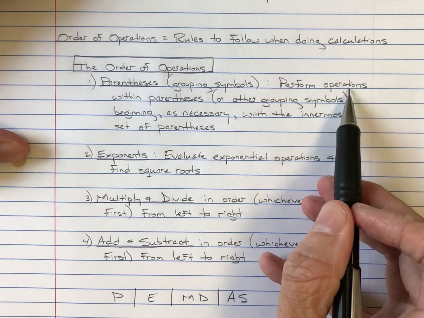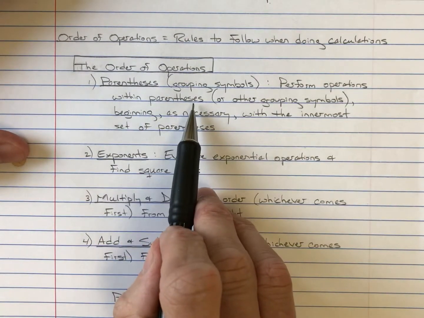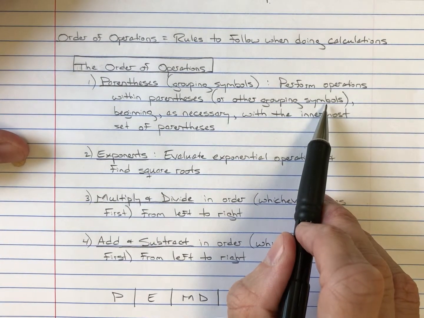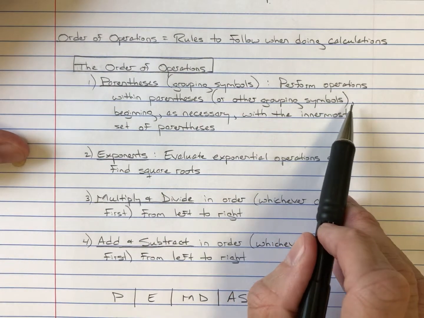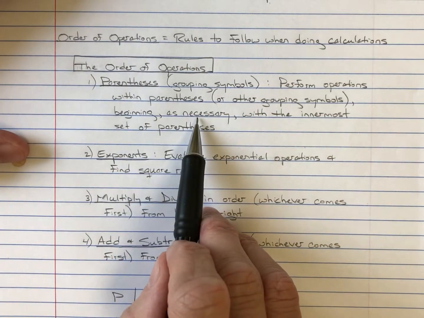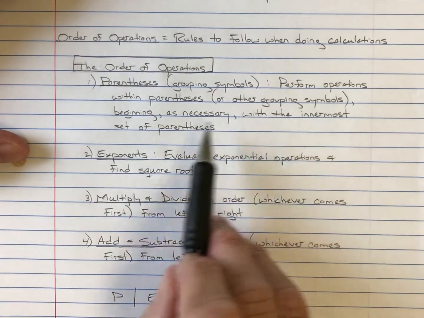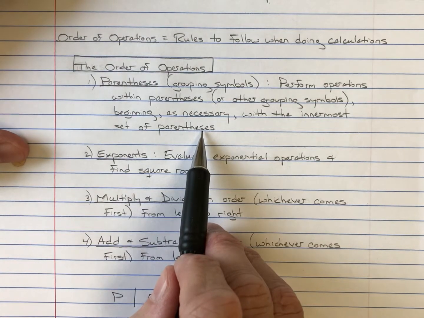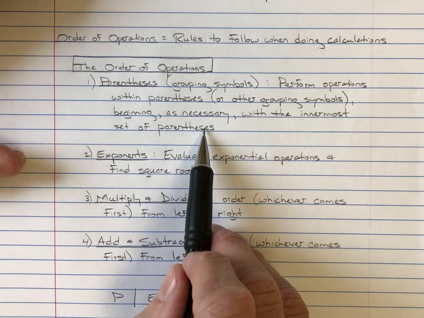You perform the operations within the parentheses or other grouping symbols like brackets, for example, or curly brackets, beginning as necessary with the innermost set of parentheses. So if you have parentheses within parentheses, then you begin with the ones that are inside first, and then you do the ones that are outside.